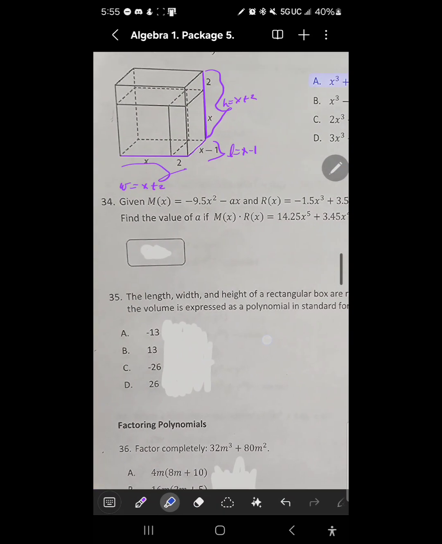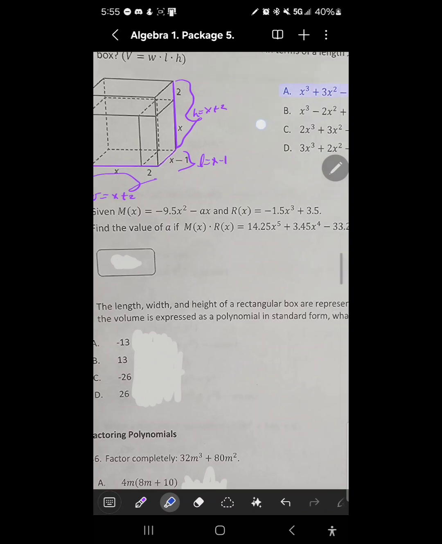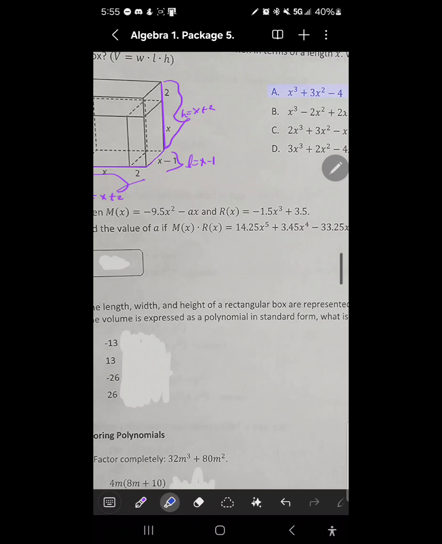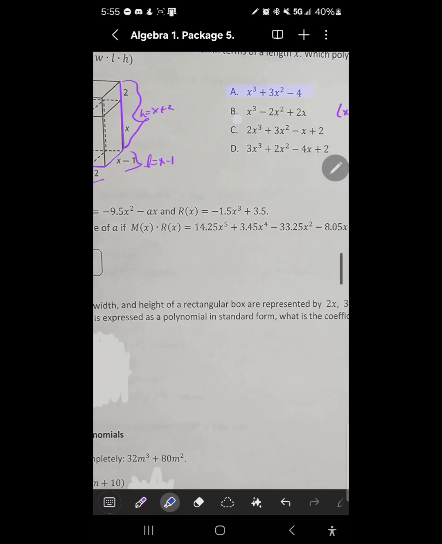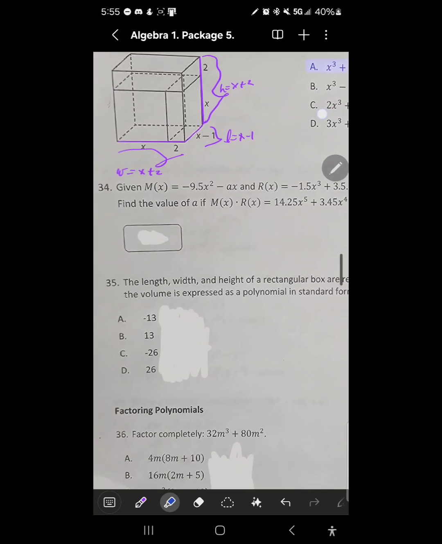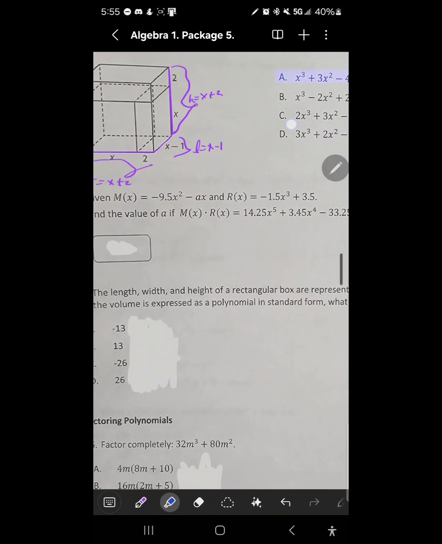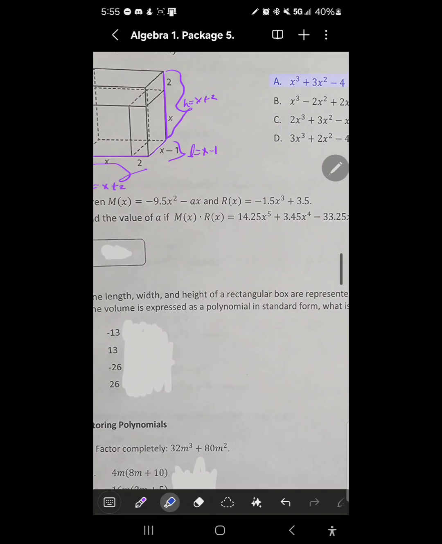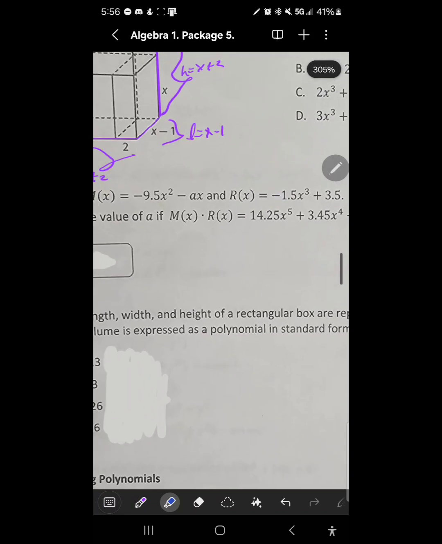Let's see. Given m of x equal negative 9.5x squared minus 8x and r of x equal 1.5x cubed plus 3.5, find the value of a if m of x times r of x equal, okay, first I have m of x times r of x, so I'm going to write that.